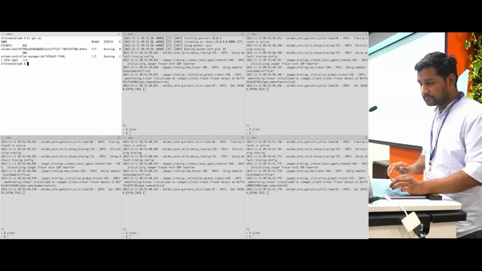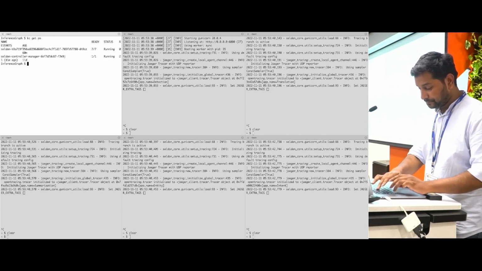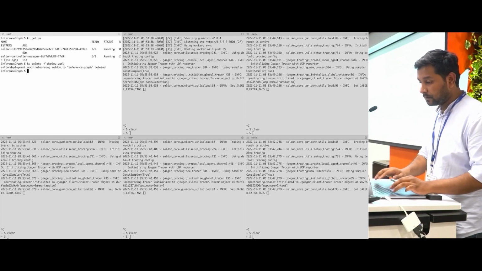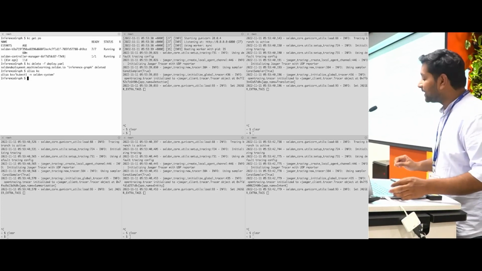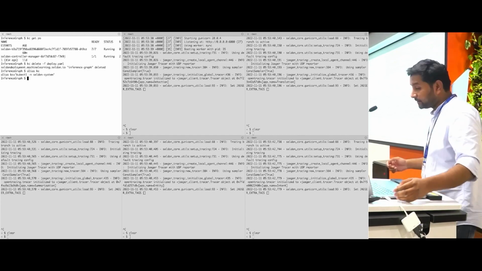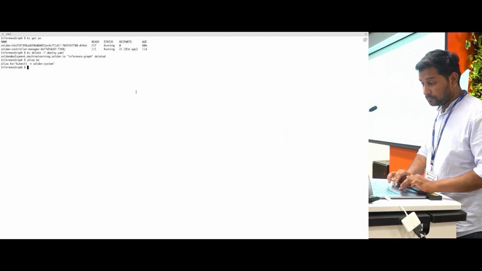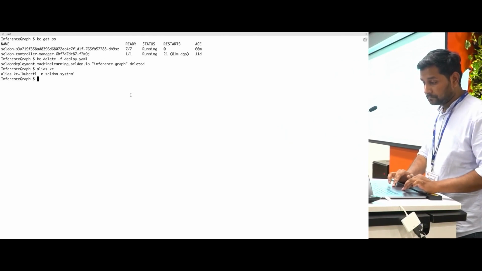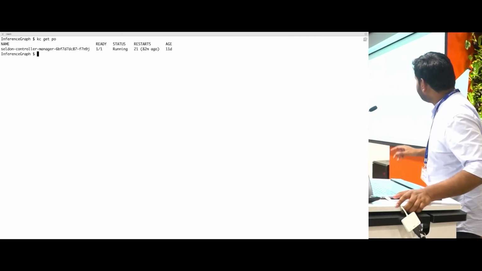Let me delete the previous deployment. I'm just using the standard Kubernetes command line. So far we don't have any pods running, at least related to services.